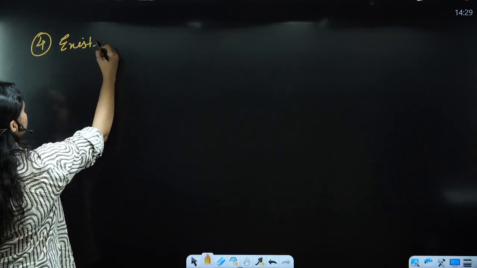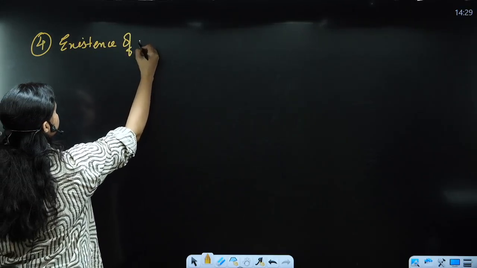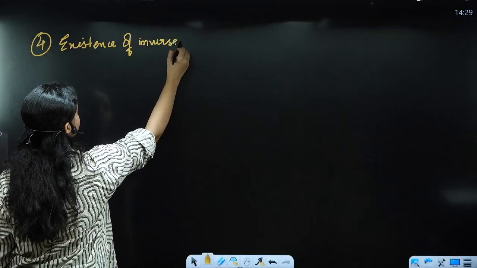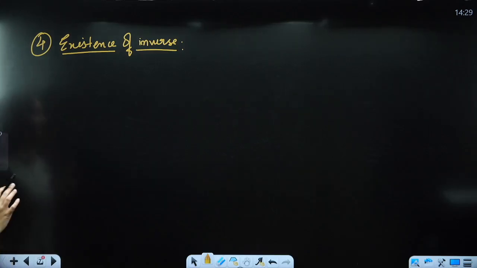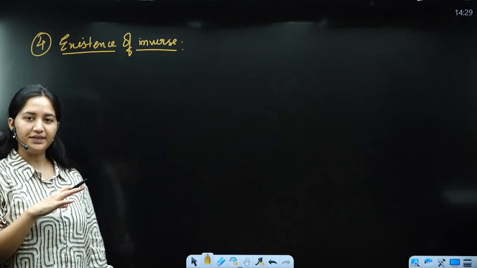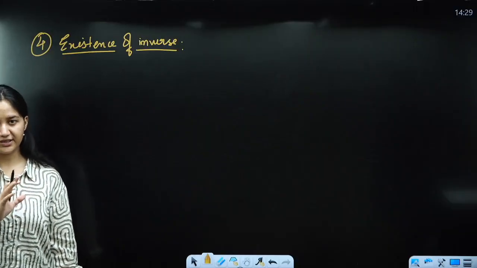Now finally, we'll talk about existence of inverse. Since there are two types of elements in the group Dn, we are going to talk about them separately, right?